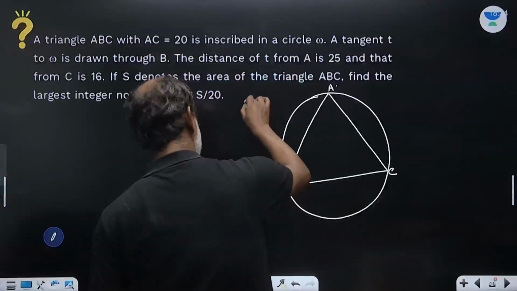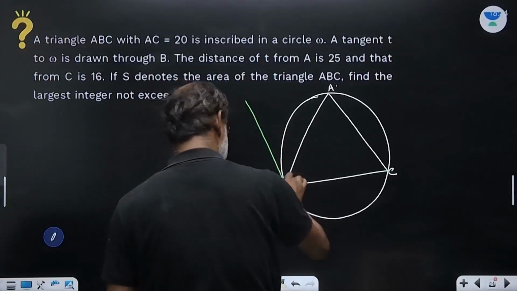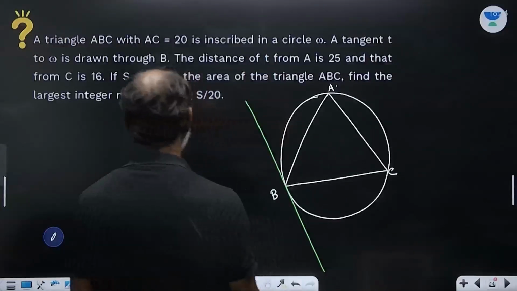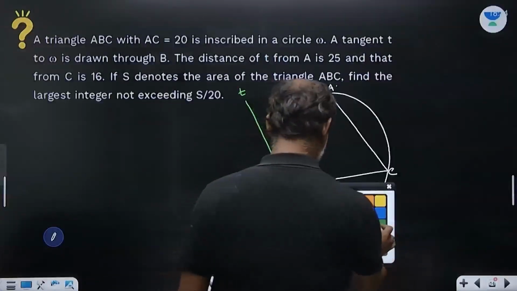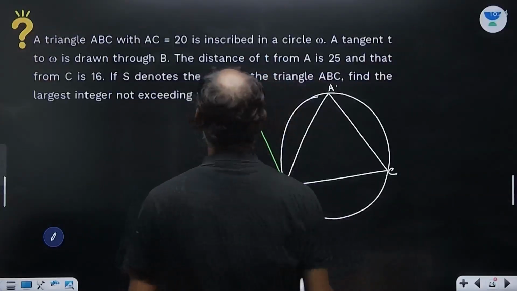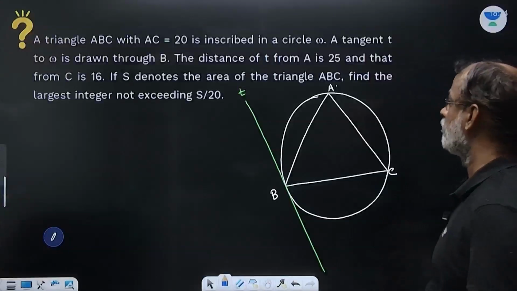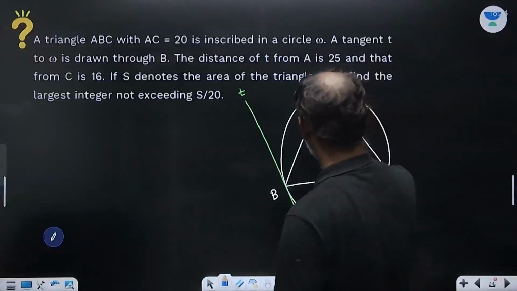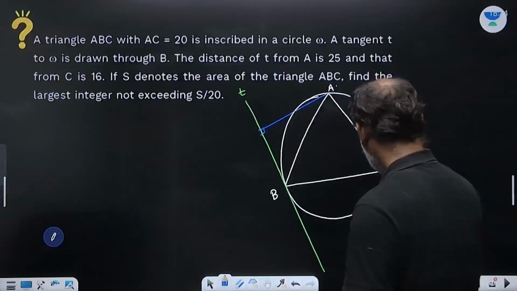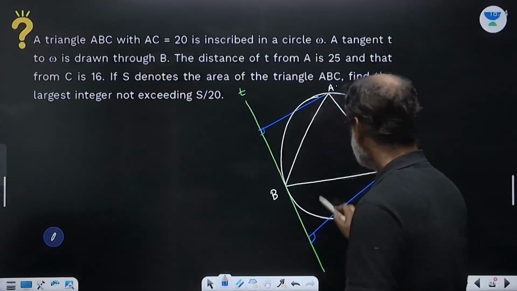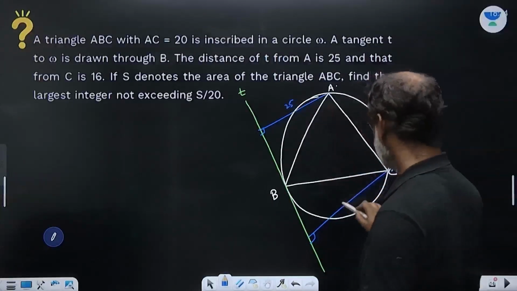Now this has been named as T. Now the distance of A from the tangent is 25. So you draw perpendicular from A to T, perpendicular from C to T. This is 25. This is 16.